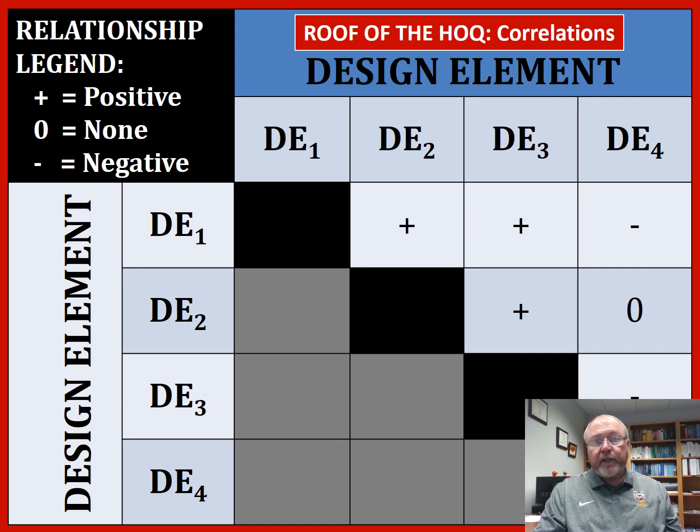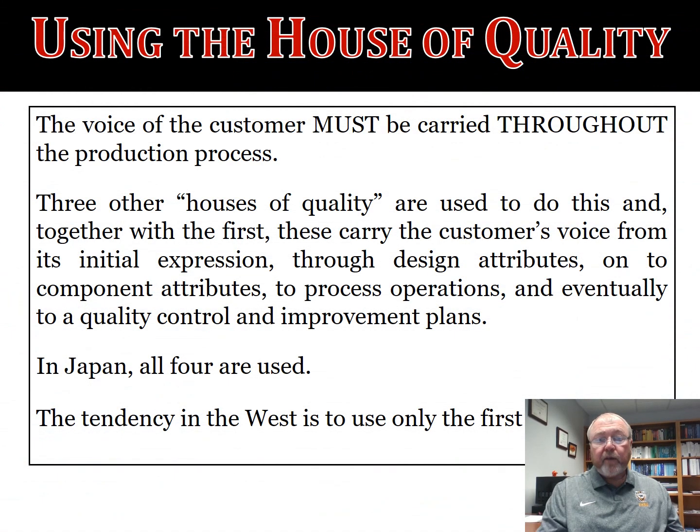But unfortunately, they are negatively related to design element 4, meaning you would have to make trade-offs, or you'd have to decide that maybe you'll emphasize design element 4, but you won't use the other 2 design elements at all, or you'll use some sort of a combination of the others, but not use design element 4, even though separately considered it's most important. You would have to have those sorts of considerations, those sorts of discussions.